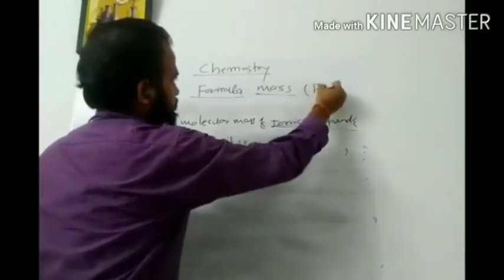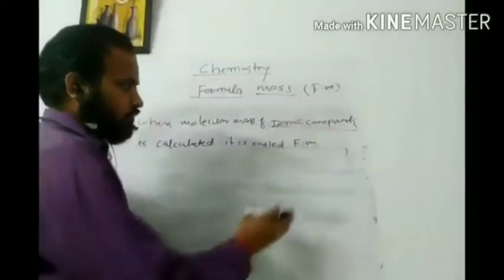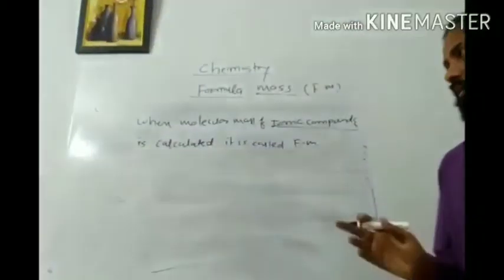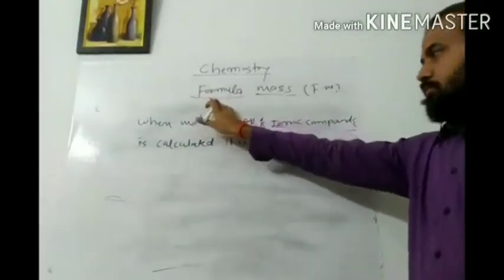It is also written as FM. So formula mass is nothing but molecular mass, or we can say it is the special kind of mass for ionic compounds.